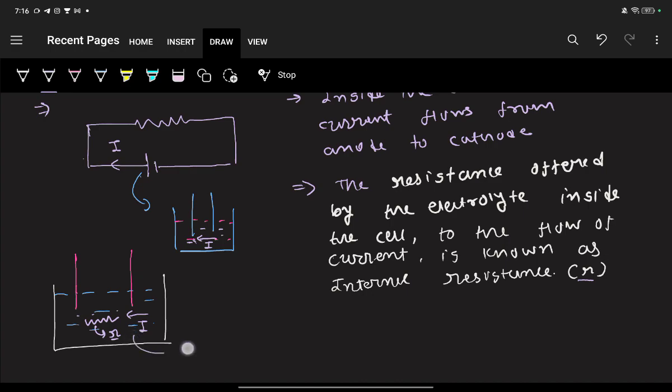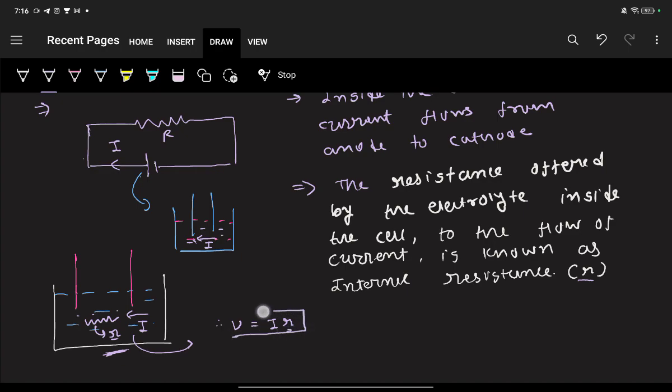So there will be some potential difference due to this small r resistance, and that can be written as current multiplied by resistance according to Ohm's law. This is the small v, that is the voltage drop due to this internal resistance.